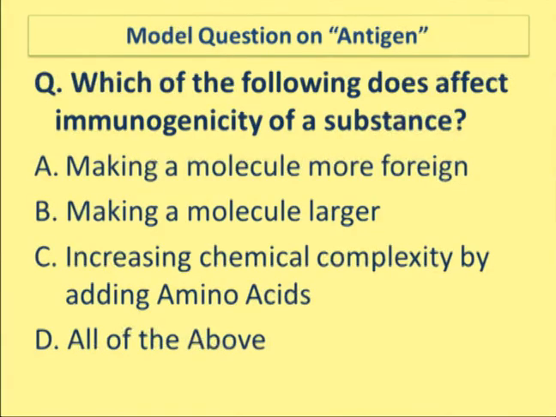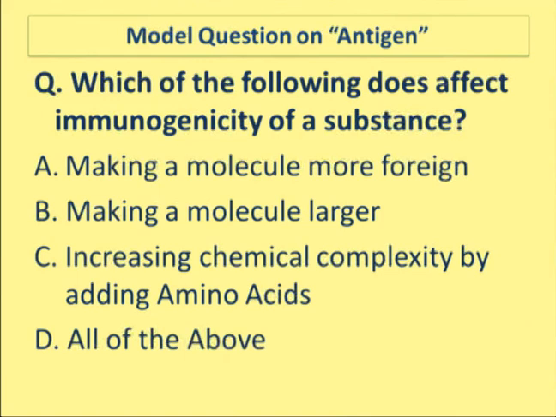It might be the foreignness, the molecular weight, its chemical structure, or the chemical complexity of the molecule. So, in this particular question, which of the following affects the immunogenicity of a substance, there are options like making a molecule more foreign, making a molecule larger, increasing chemical complexity by adding amino acids, and D, all of the above.